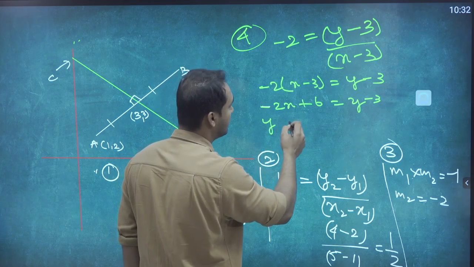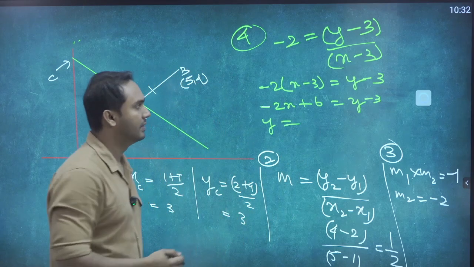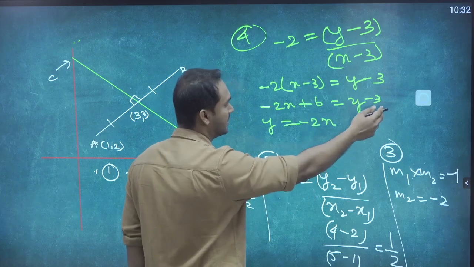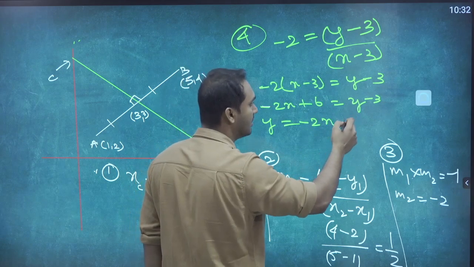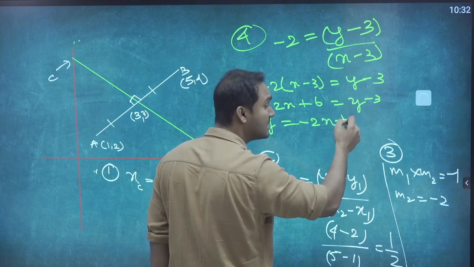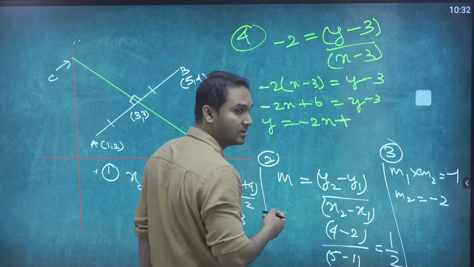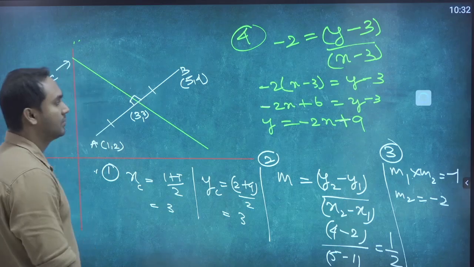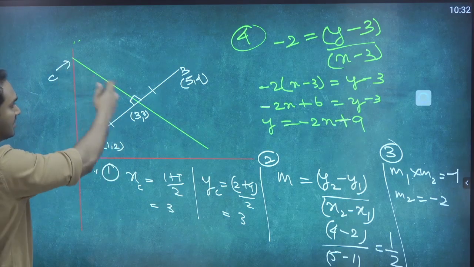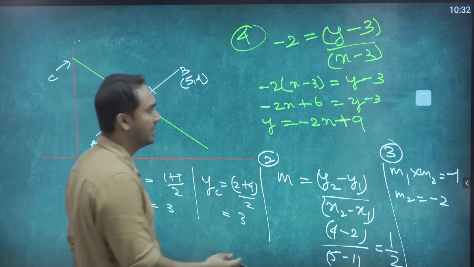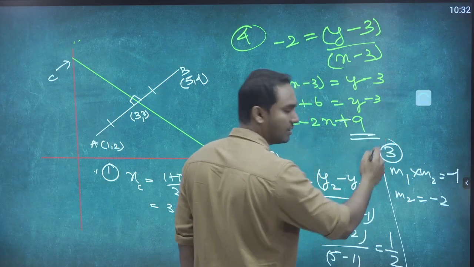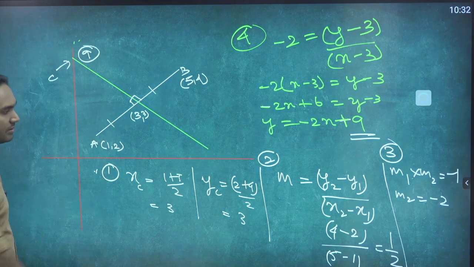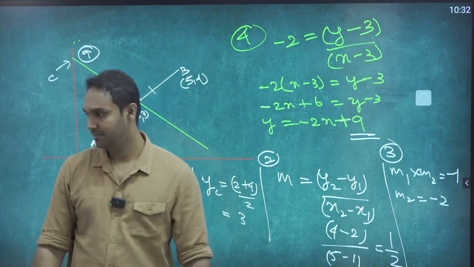So y equals, I'll write it the standard way, minus 2x at the front, plus 9. So now, what is this? The formula of this graph, and it has the intercept of 9.